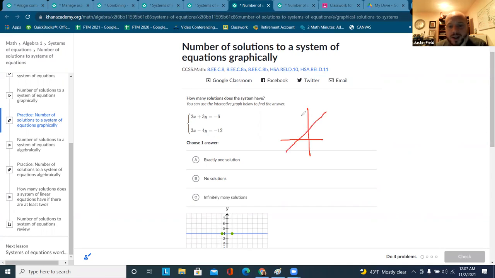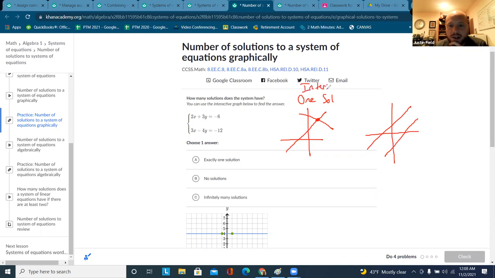Either your lines cross, they intersect, and that's called one solution. Or you could have what I like to call parallel lines.